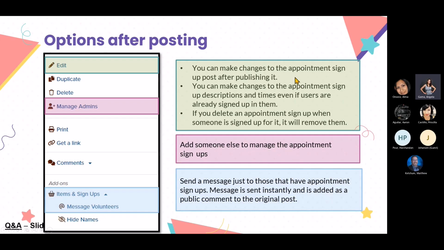So if you want to add more descriptors or any resources that opened up and you want to include them in the appointment slots, you can change the times. Just like we saw when we were first creating them, it'll be exactly the same. You can remove dates, you can remove appointment slots, you can add, you can adjust, anything in between. You can do all of that.